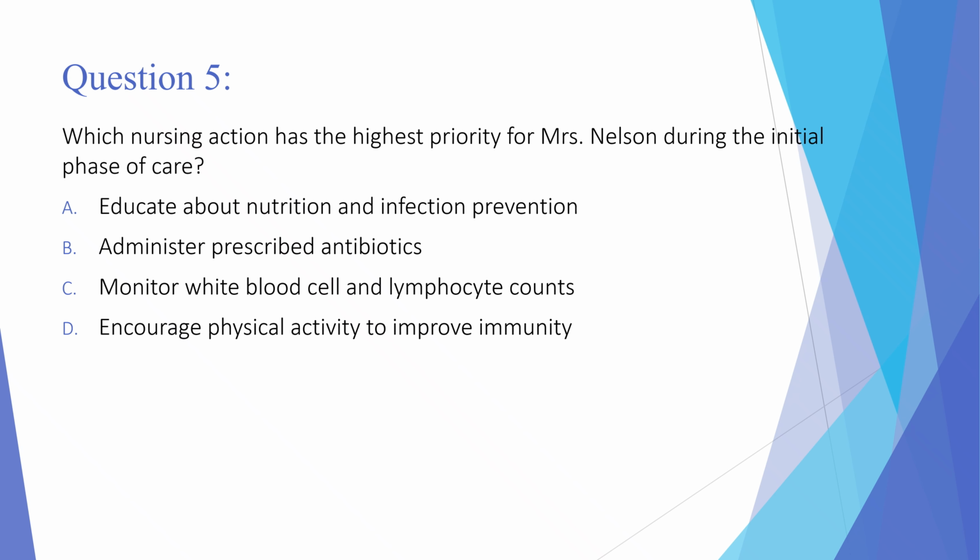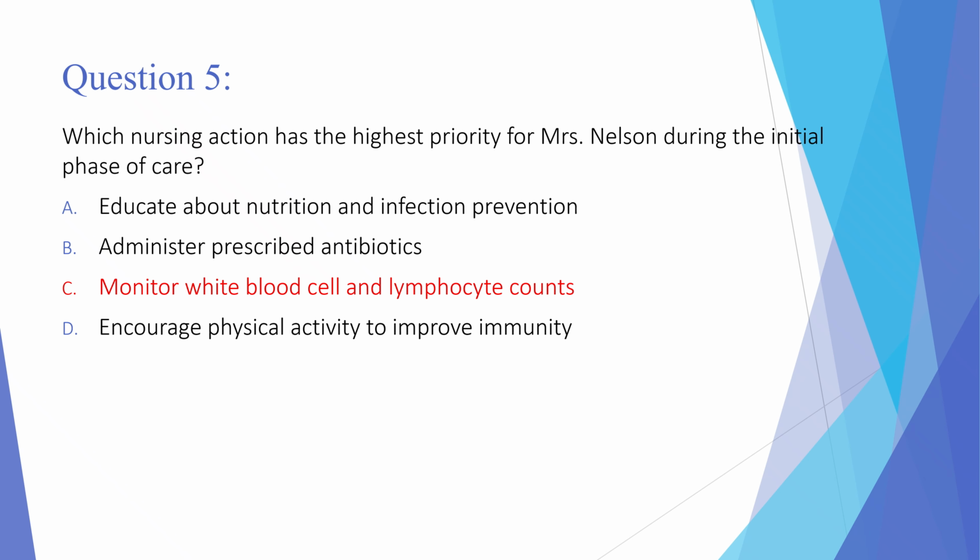Which nursing action has the highest priority for our patient during the initial phase of care? Educate about nutrition and infection prevention, administer prescribed antibiotics, monitor white blood cell and lymphocyte count, encourage physical activity to improve immunity.